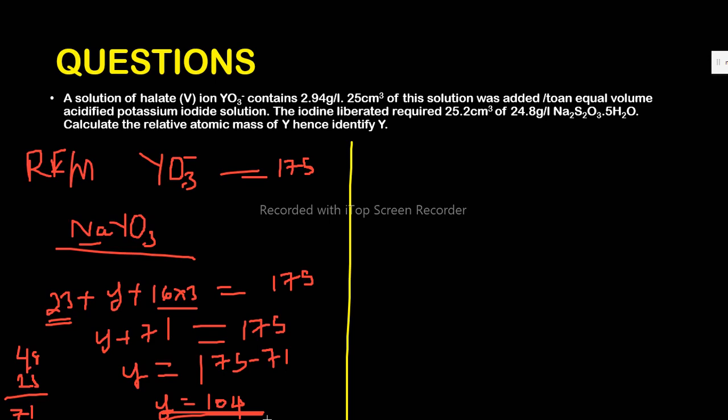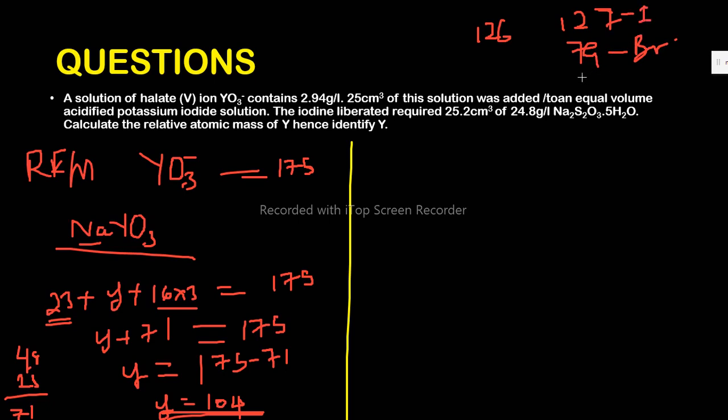Okay. So for iodine, it is 126 or 127. Anyway, let's round it off. Then for bromine, it is 78, 79. This is bromine. Then this one is iodine.